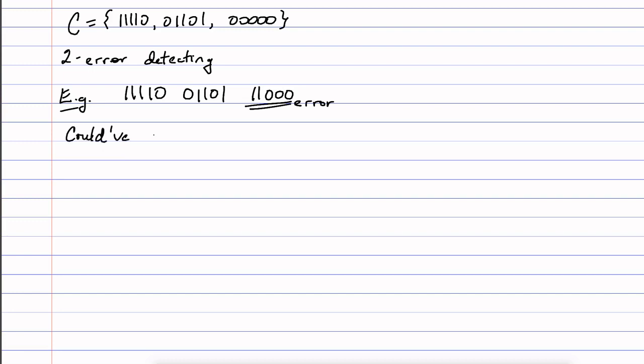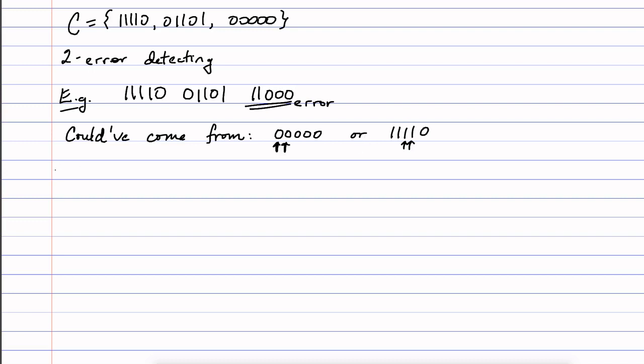It could have come from two valid code words. Either the person intended to send you 5 zeros and the first 2 bits got messed up, or they might have intended to send you 4 ones and a 0, and it's these 2 bits that got messed up.